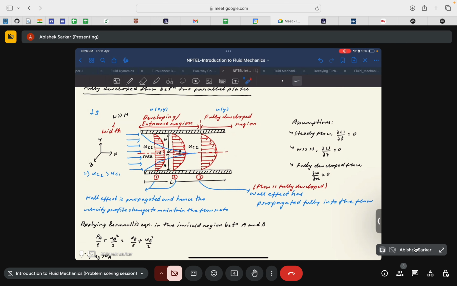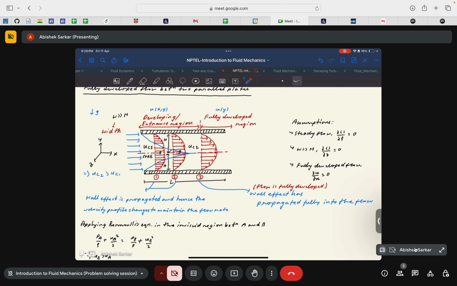That's why all the interesting flow physics in this scenario occurs in the gap between these two parallel plates, and not along the width, because it's too large to have any significant change.